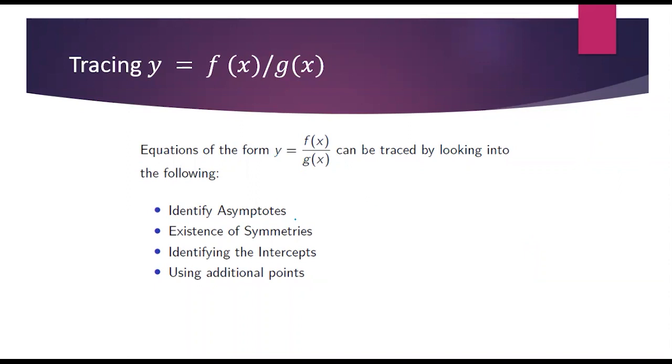In our previous examples, we did not check the asymptotes because we had a polynomial, and the other one is of the form y squared is equal to f of x. This time, we have a denominator, so we need to check the asymptotes. And then we also have existence of symmetries, and we have to identify, of course, the intercepts, and then we're going to plot additional points.